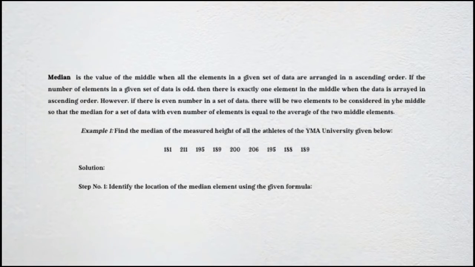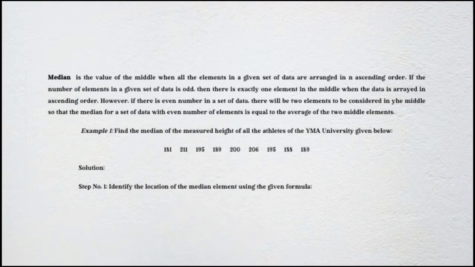Let's have an example. Example number 1. Find the median of the measured height of all the athletes of YMA University given below. So we have 181, 211, 195, 189, 200, 206, 195, 188, and 189.